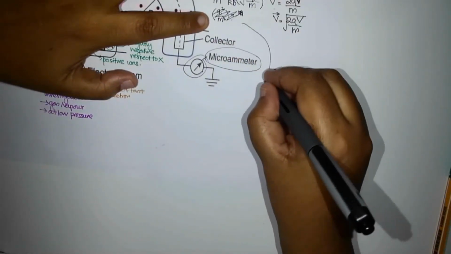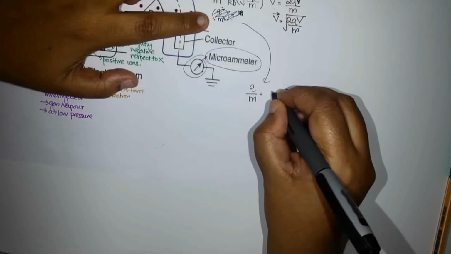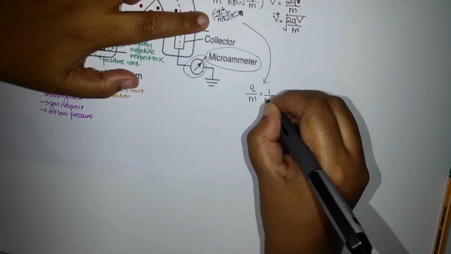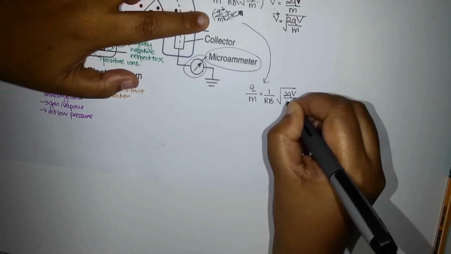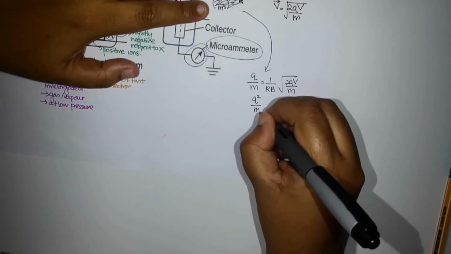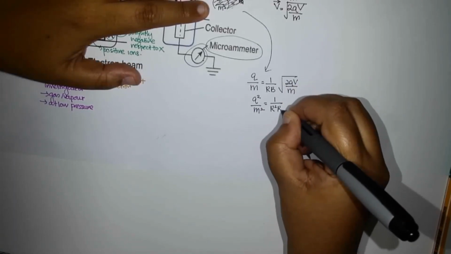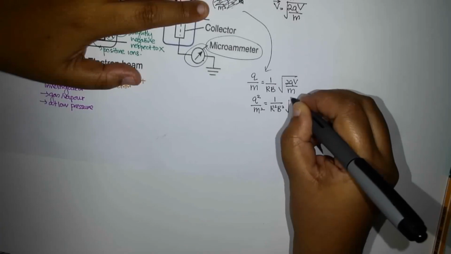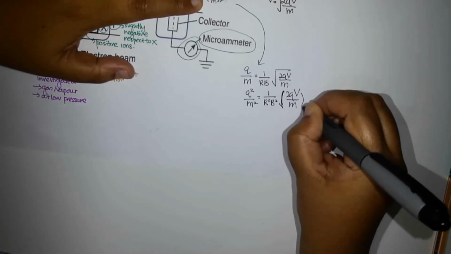Look here. Q over m equals 1 over RB. I'm just going to write it down like that. Now I'm going to square: Q square over m square equals 1 over R square B square. Here it will be 2QV over m.